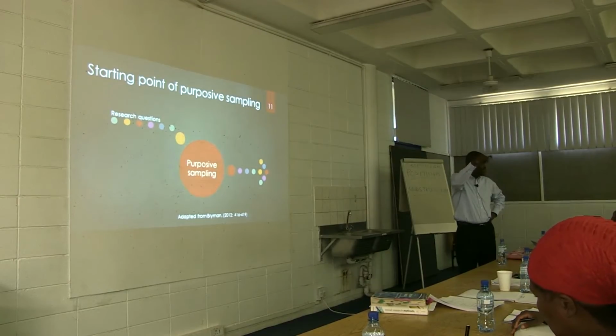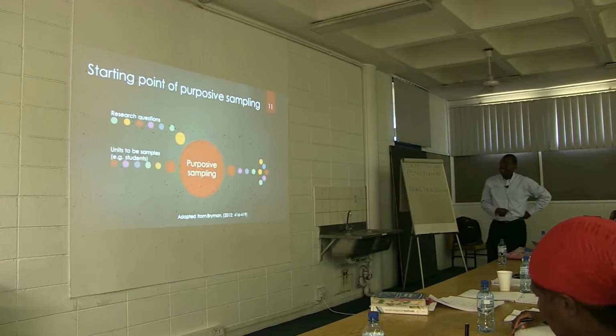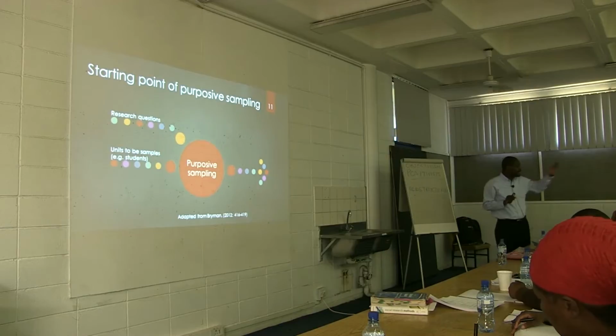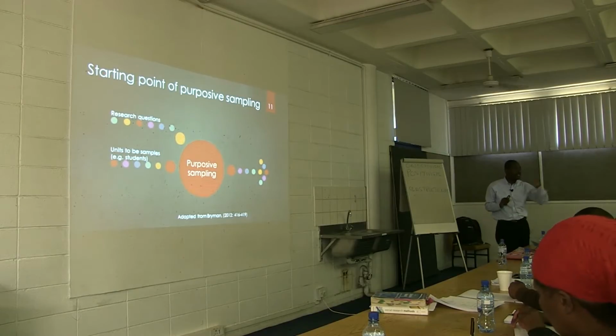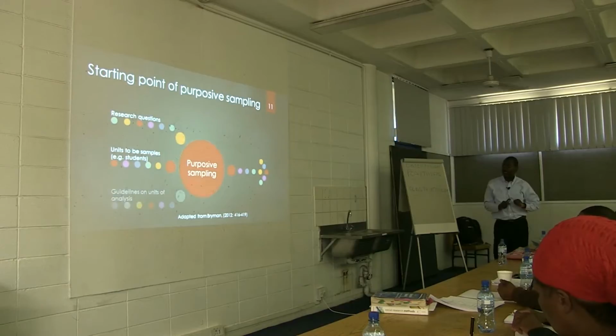That debate is very important because your research questions are critical. Your units to be sampled, e.g. students, the samples that you want to use. In this particular case, it's art, it's HR, it's small to medium enterprises, it's social entrepreneurs, etc. Okay?